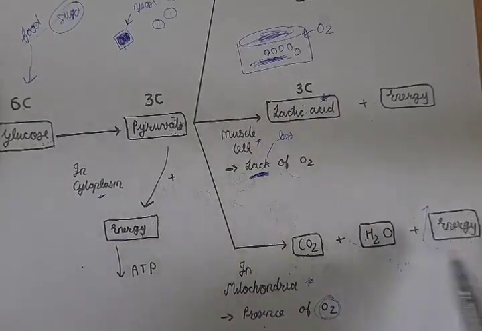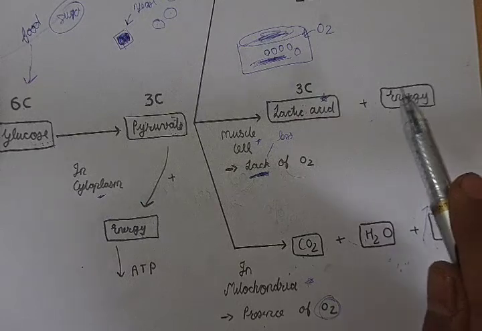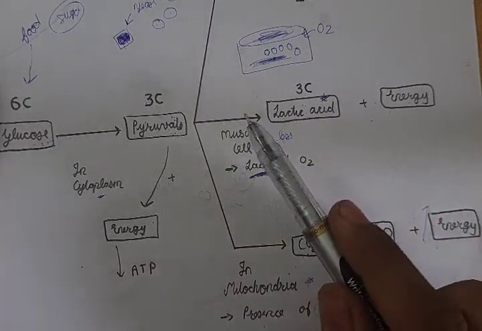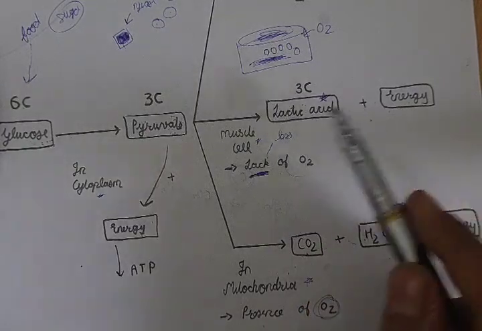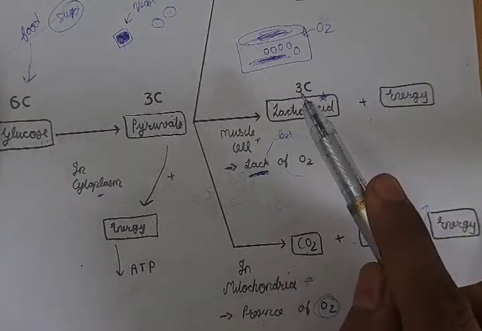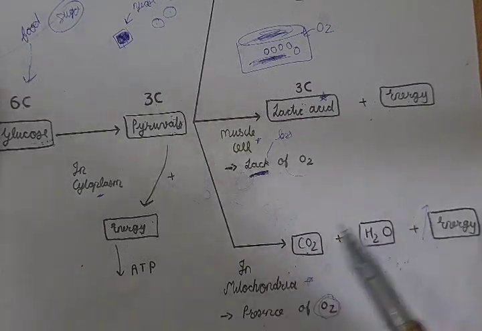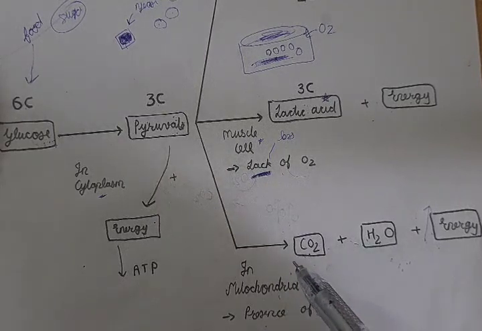Here we get high energy. Here we get low energy, because this is not complete breakage of pyruvate. This is just like a make-do method, in which the pyruvate is converted into lactic acid when there is less oxygen. But the preferred method is this, the main method, which occurs in mitochondria, and we get carbon dioxide.